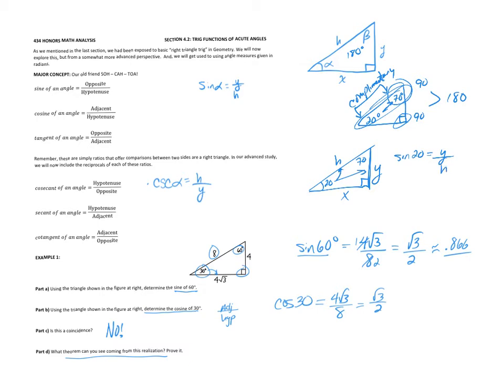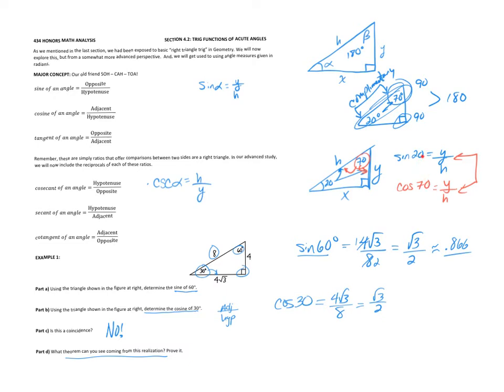But think about the cosine of 70 degrees. For 70 degrees, its adjacent side is y, and its hypotenuse is h, and we get exactly the same ratio.